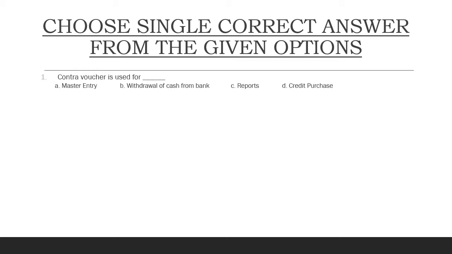We are using it for withdrawal, or we can say anything which is related to what? Contra voucher is used for withdrawal of cash from bank or deposit of cash in bank, but not master entry, not reports, and not credit purchase. So the correct answer is withdrawal of cash from bank. Next question.